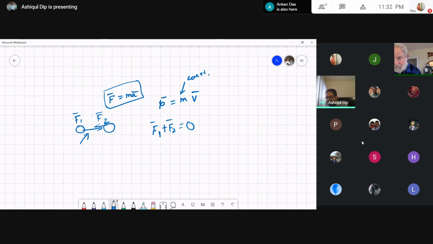What happens when we are not in an inertial reference frame? That's the biggest question. Here, when we say F equal ma, we are actually in an inertial frame, right? When our a is defined as d2r over dt squared.